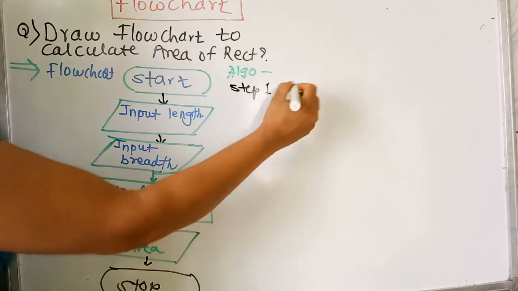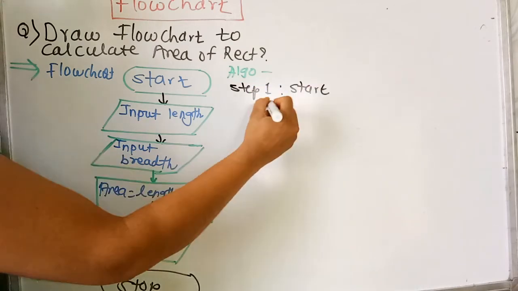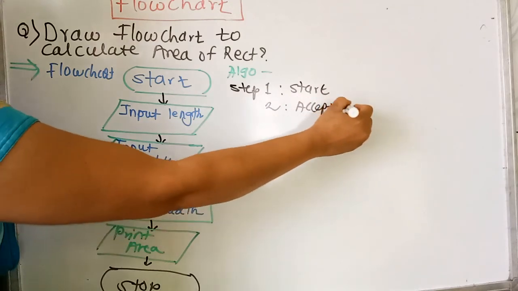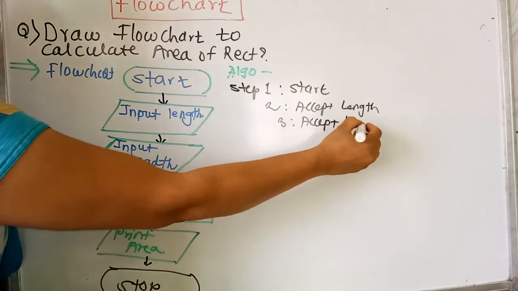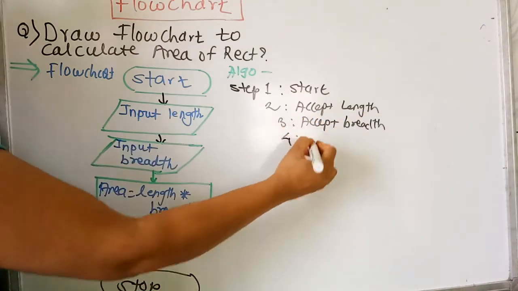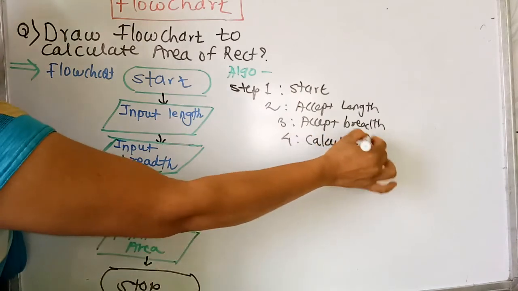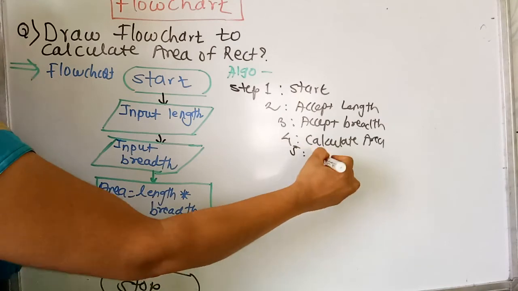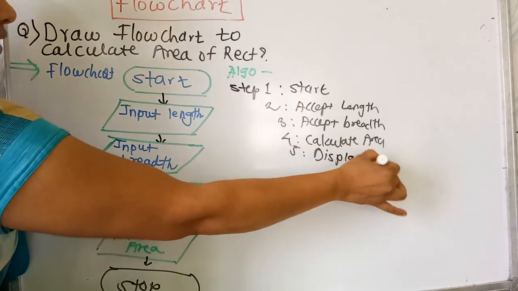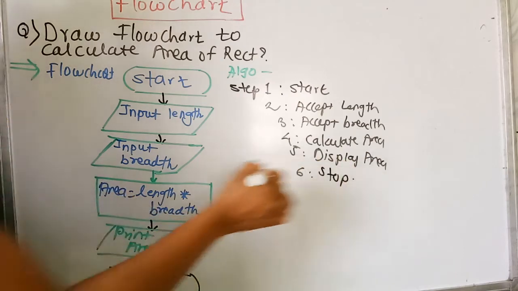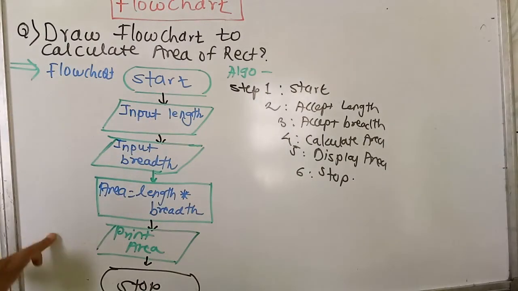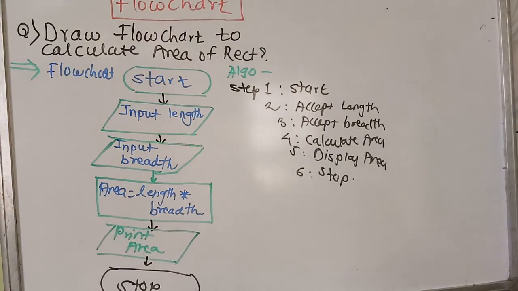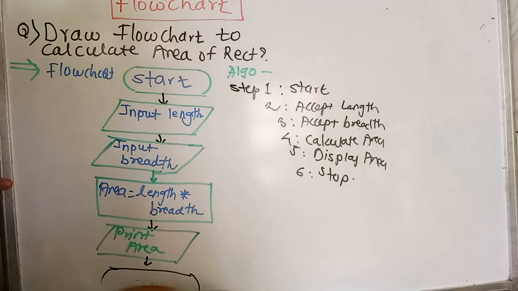Step 1 start, step 2 accept length, third accept breadth, fourth calculate area, fifth display area, and last one is stop. So this problem gives us the idea of how to write the algorithm and how to convert it into a flowchart.